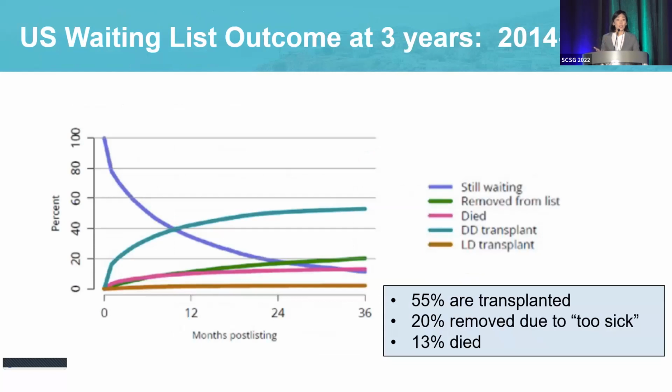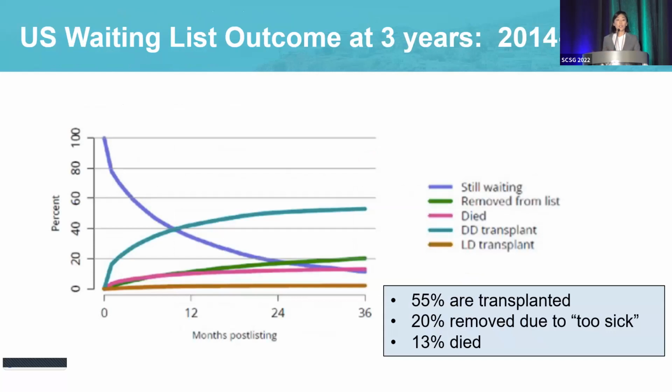And patients are sick. We have 12,000 patients waiting on the wait list for transplant, and this is data from the SRTR that summarizes the wait list outcomes at 3 years. And this graph really hasn't changed much.